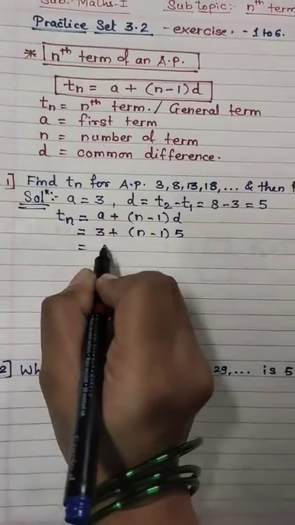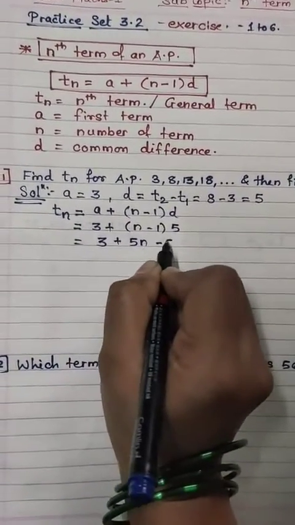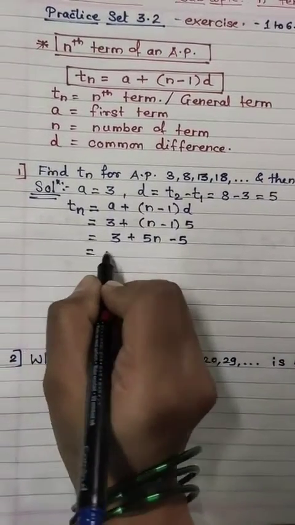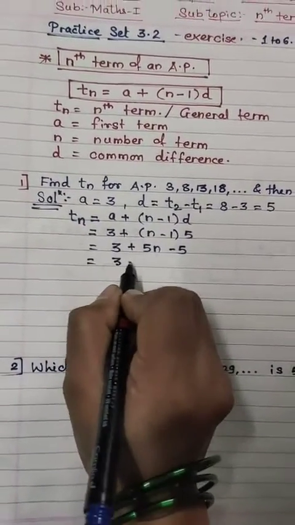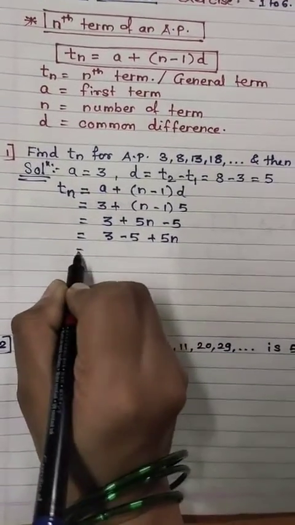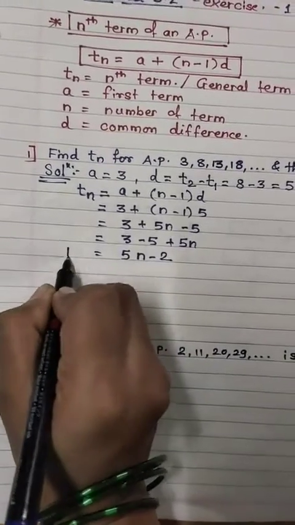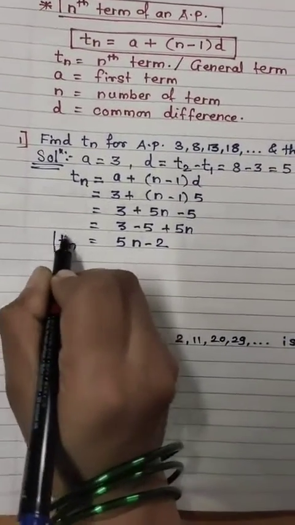So you will get 3 plus 5n minus 5. So 3 minus 5 plus 5n, you will get 5n minus 2. So this is the value of Tn.